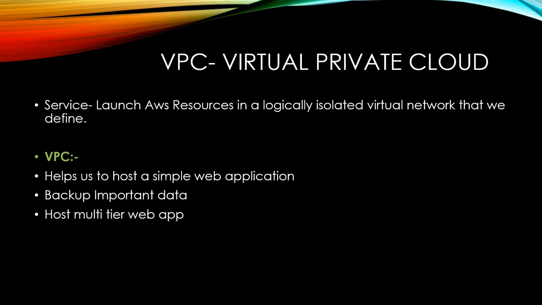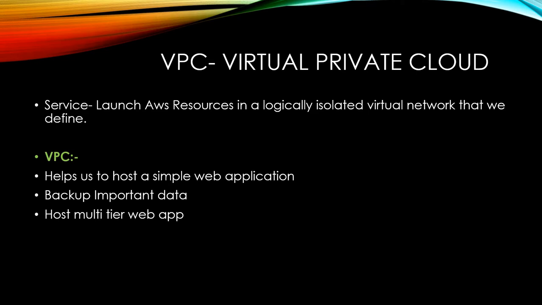what is a VPC? VPC is nothing but virtual private cloud. It is a service which helps us to launch AWS resources in a logically isolated virtual network that we define. And we do not want the entire internet to get exposed to it, right? So we are creating a separate, isolated virtual network where we can do our own manipulations among ourselves.